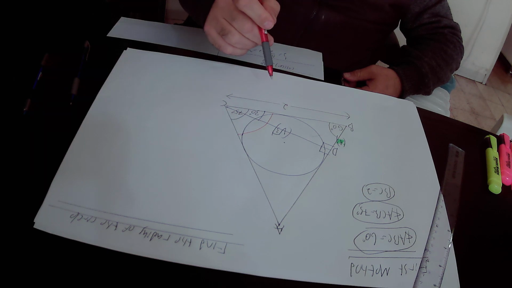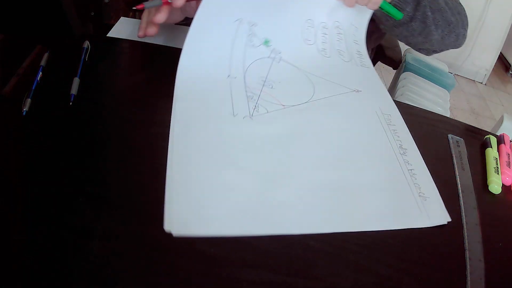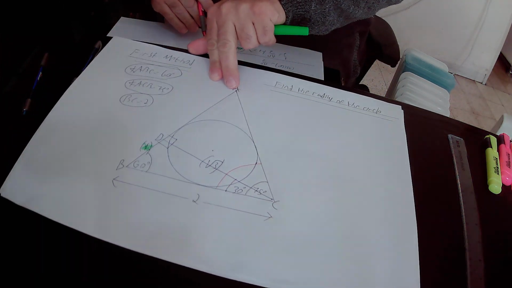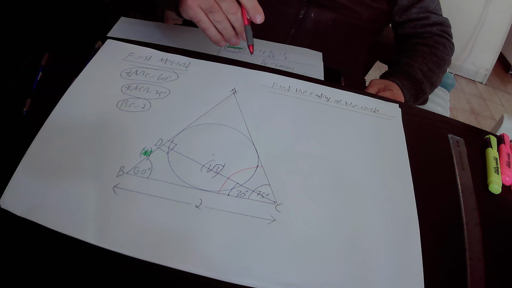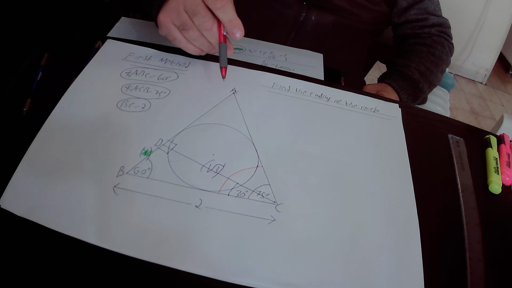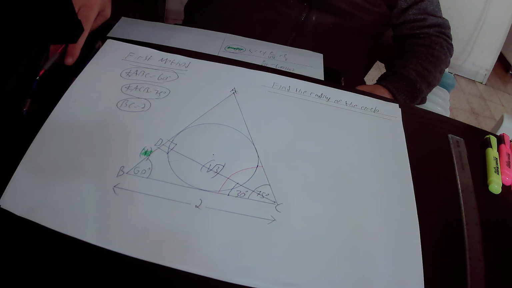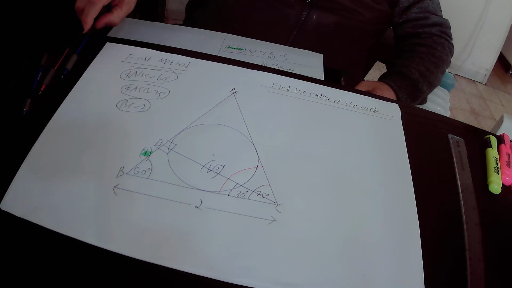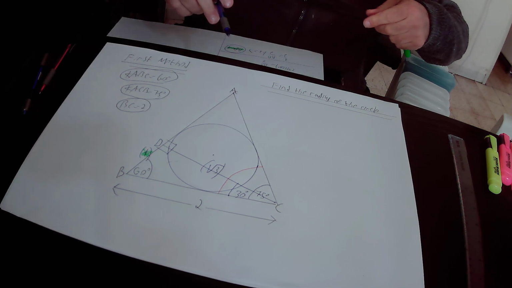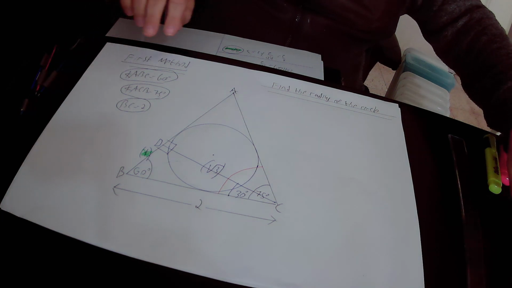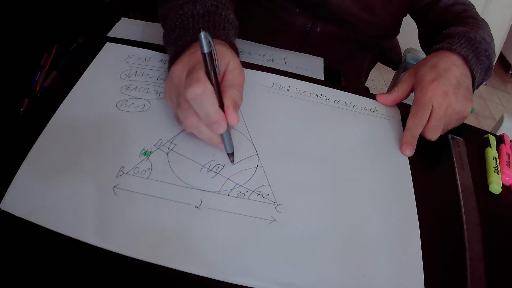So the missing angle, from the drawing, it is very easy to see that the missing angle ACD, this is the missing angle ACD.